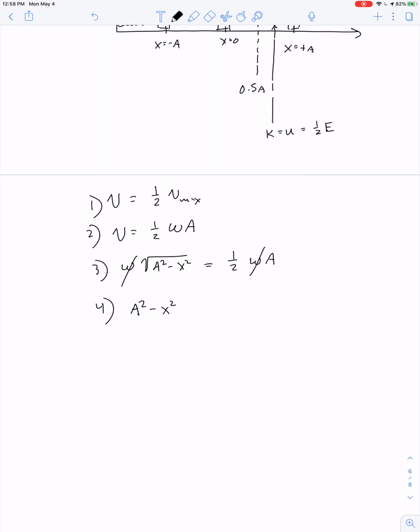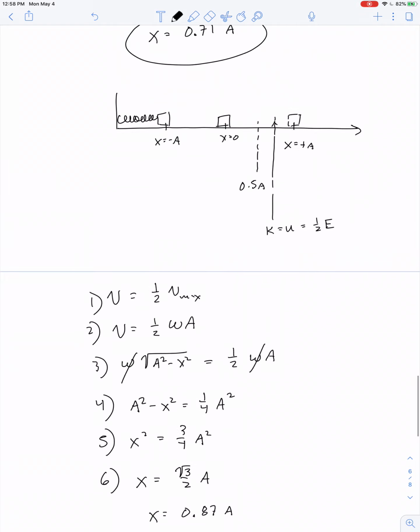A squared minus x squared equals 1/4 a squared. A little rearranging, and we get x squared equals 3/4 a squared. So in the end, we get x is equal to rad 3 over 2 times a. And that's roughly x equals 0.87 times a, or 87% the amplitude.